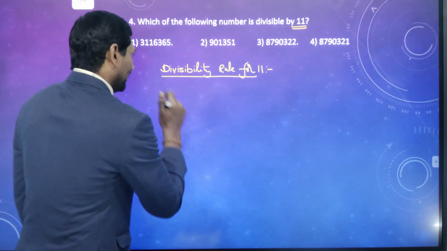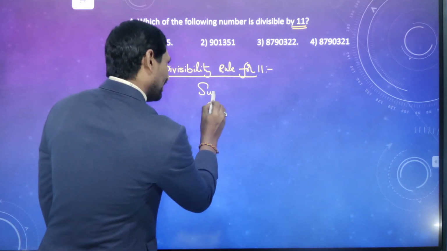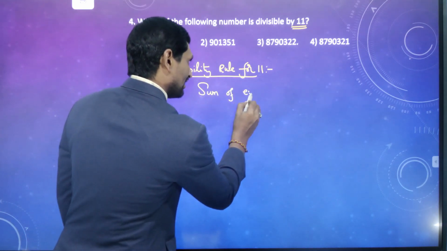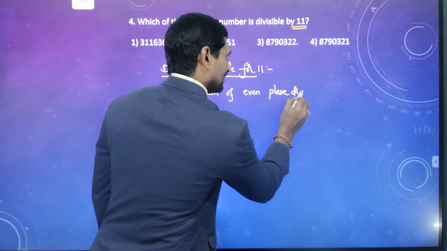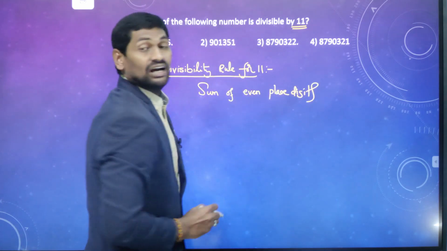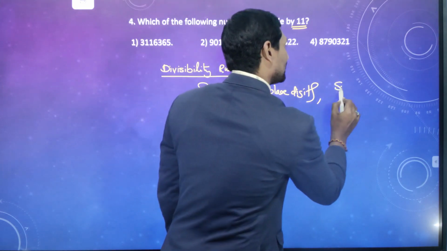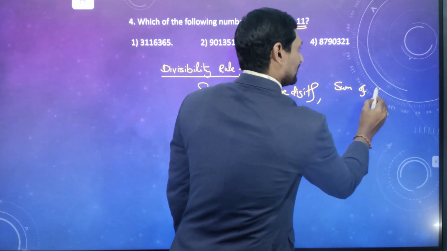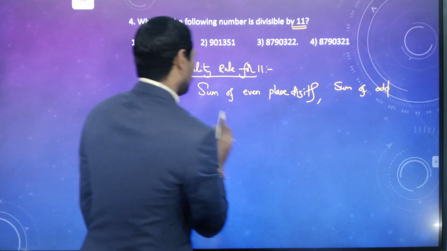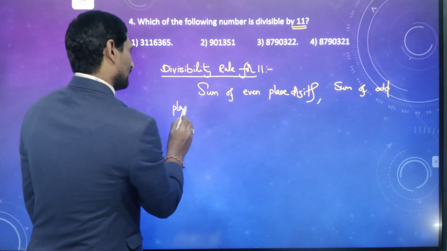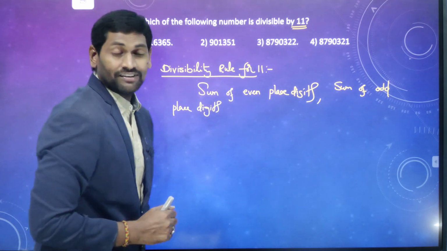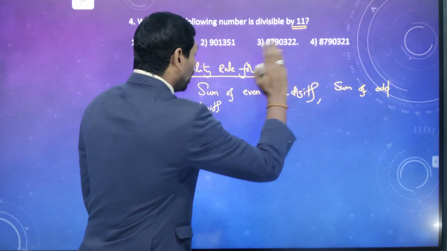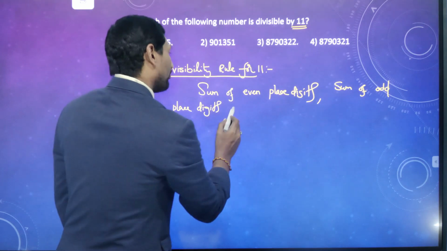Now the rule is: take the sum of even place digits, the sum of odd place digits, and their difference.